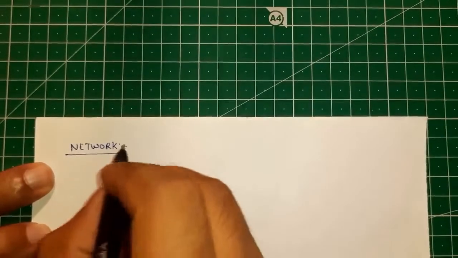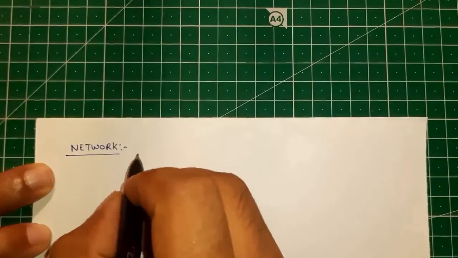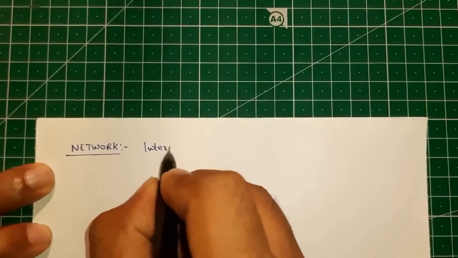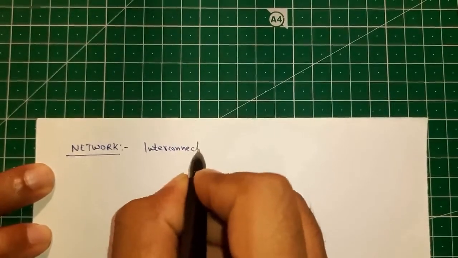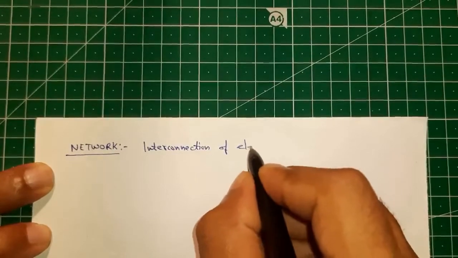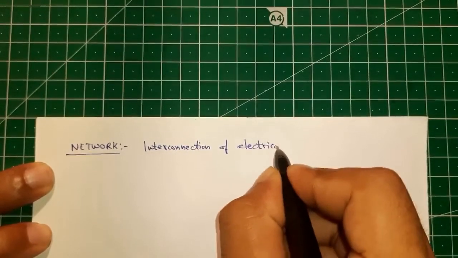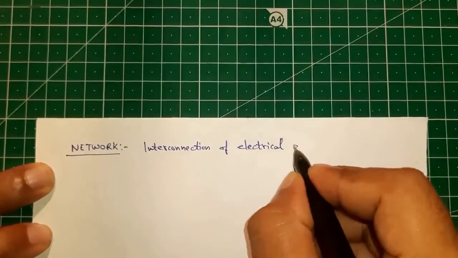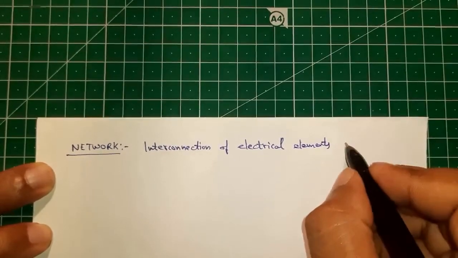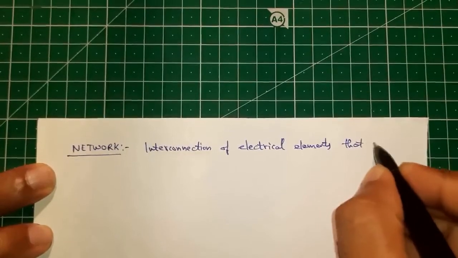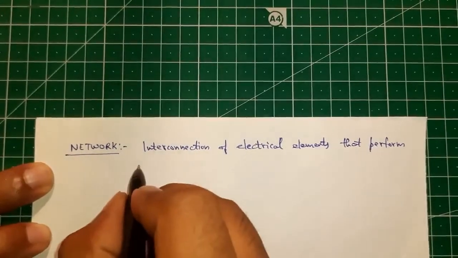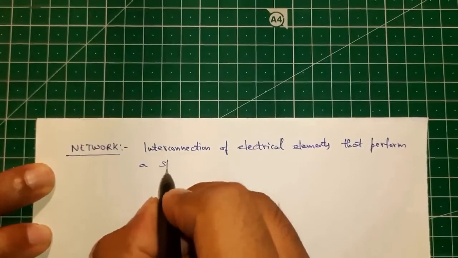So we can define an electrical network as an interconnection of electrical elements that perform a specific function.